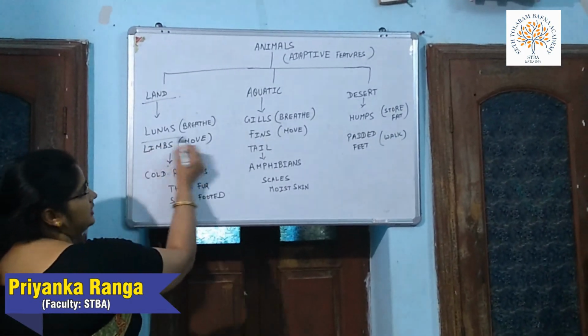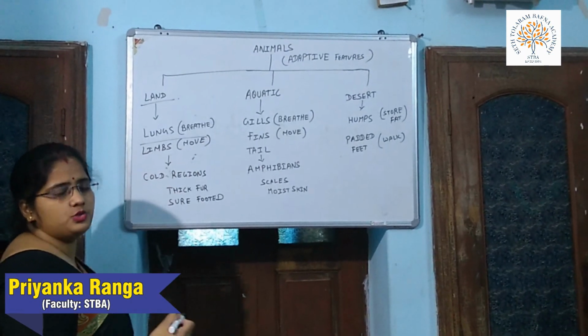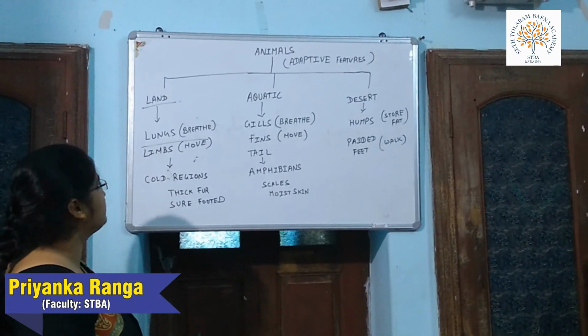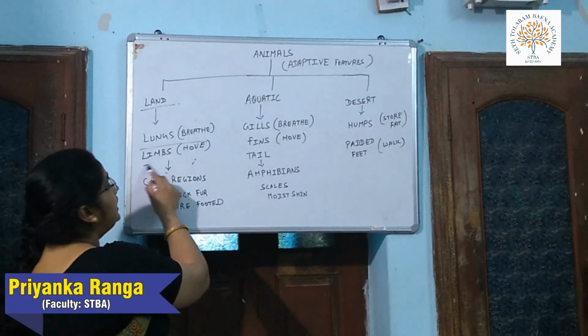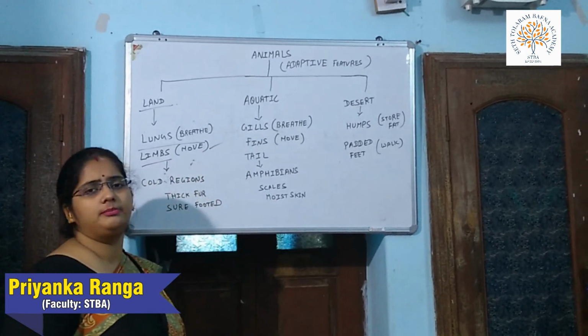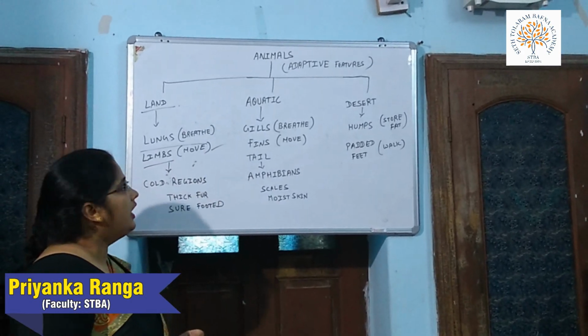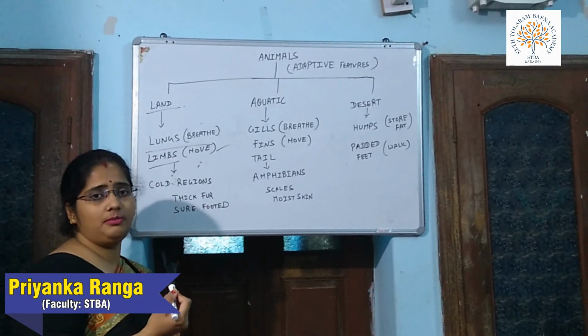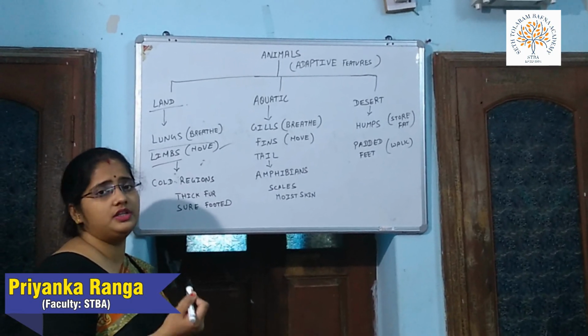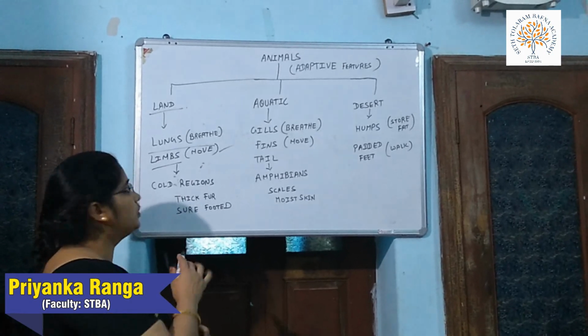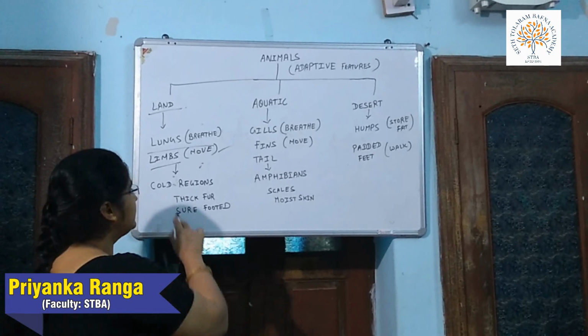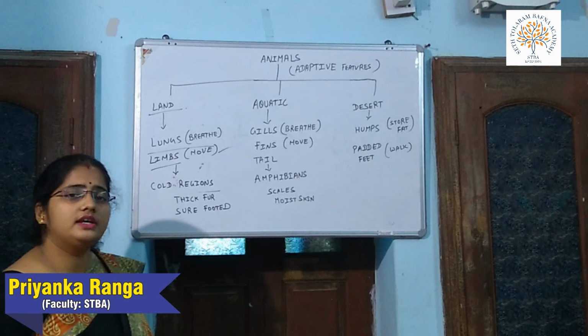They have lungs to breathe. Animals use lungs for the process of breathing. Second, they have limbs so that they can move from one place to another. Moreover, when we talk about land animals, there are also areas that are very cold. So the animals in the cold regions, what are their adaptive features?